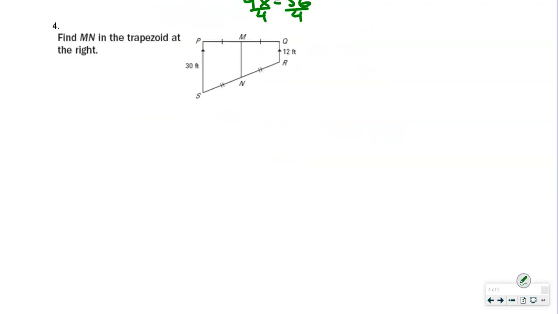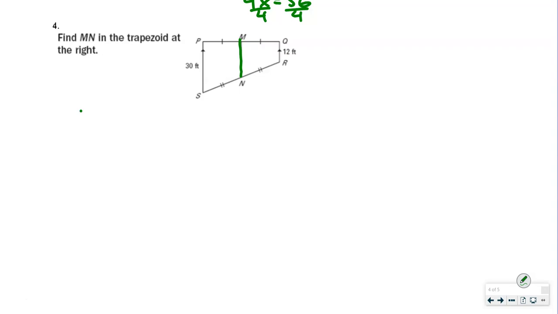And for our last example here, we want to find MN in this trapezoid. MN is our midsegment. So we just need to look at our bases of 30 feet and 12 feet.